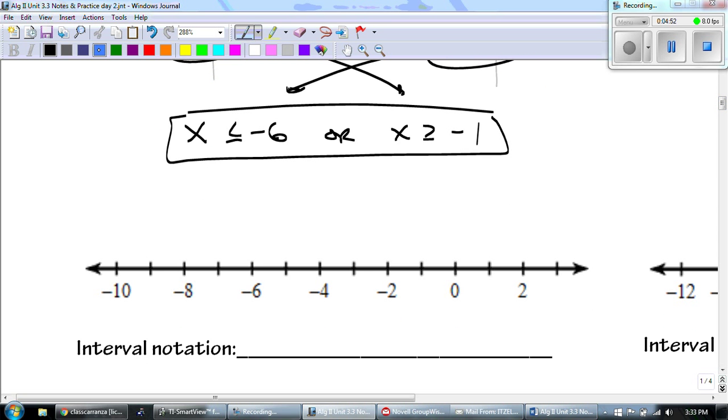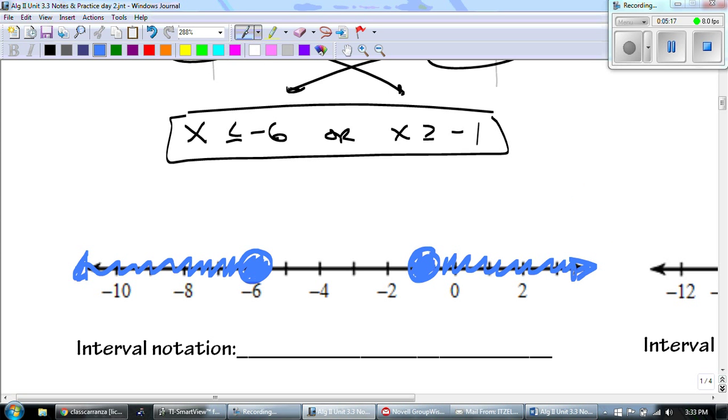Okay? So at -6, we are closed and we shade everything to the left. And at -1, we are closed, and I'm shading everything to the right.